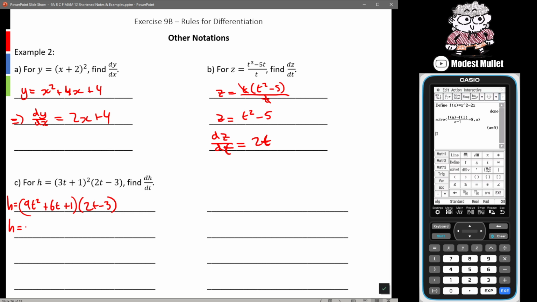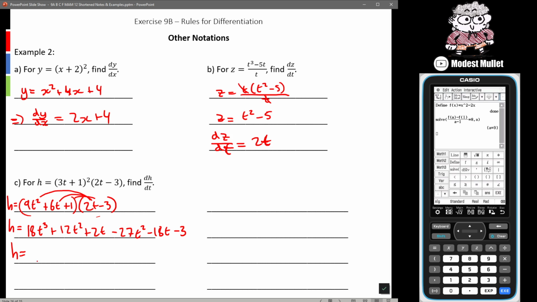So h is equal to, that's 18t cubed, plus 12t squared plus 2t. Now I'm going to do the 3, so that's minus 27t squared minus 18t minus 3.